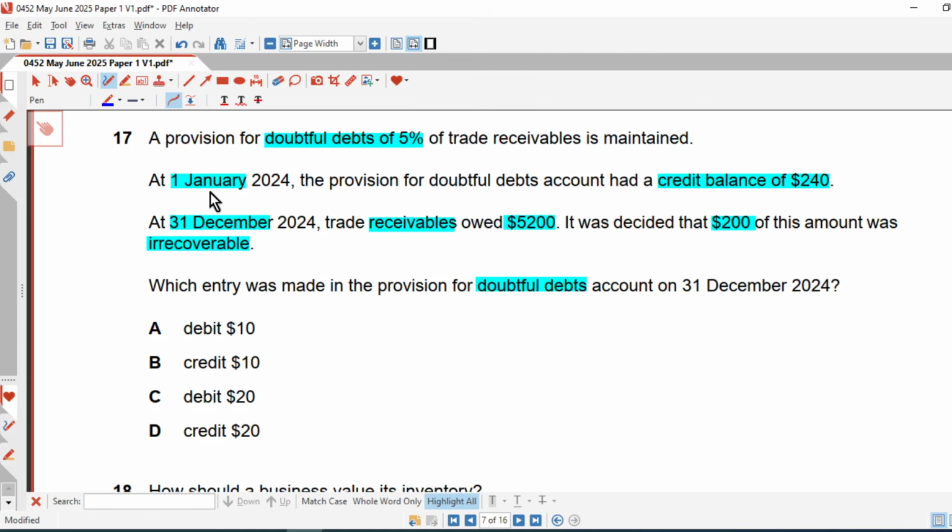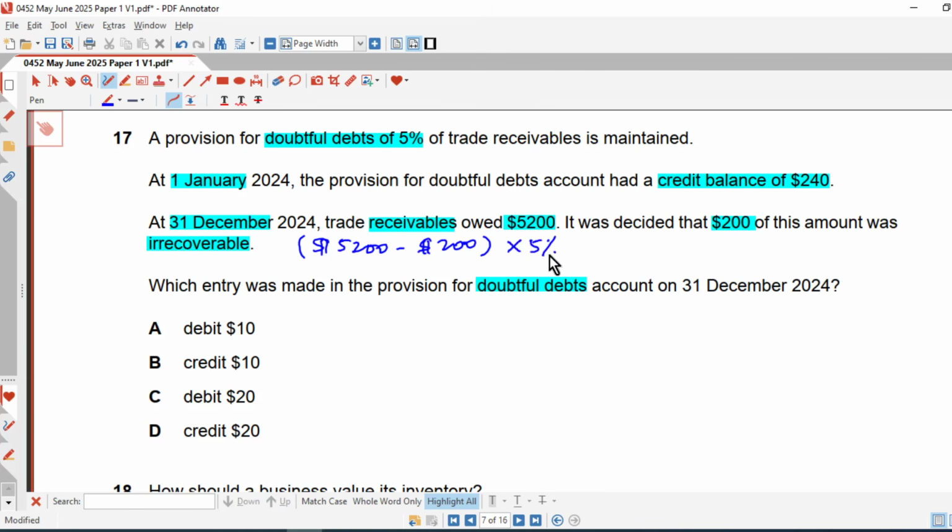What we gotta do is find out the provision for the current year, and compare that with the opening balance to look at the entry. So this year, receivables owing were 5,002. 200 is irrecoverable. So we're gonna take the 200 out of here because we're never gonna see that money back. So 5,000, you're gonna multiply this by 5%.